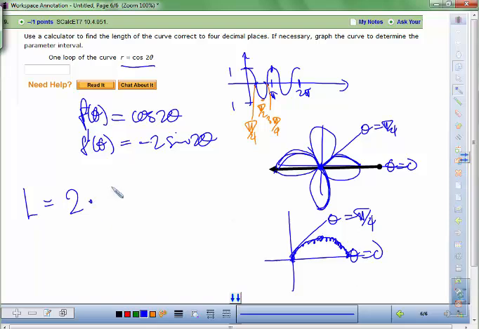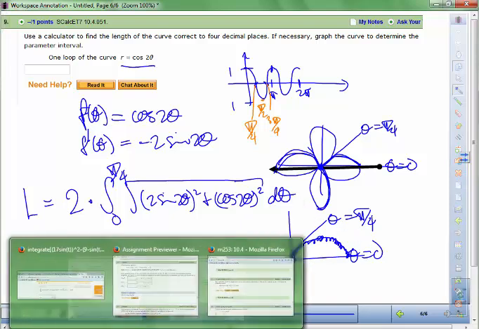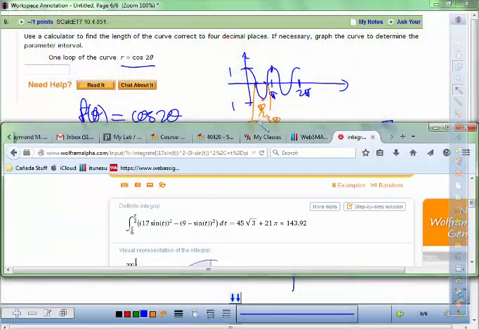And then the integral is going to be from 0 to pi over 4 of the square root of 2 sine 2 theta squared plus cosine 2 theta squared d theta. Let's figure it out.